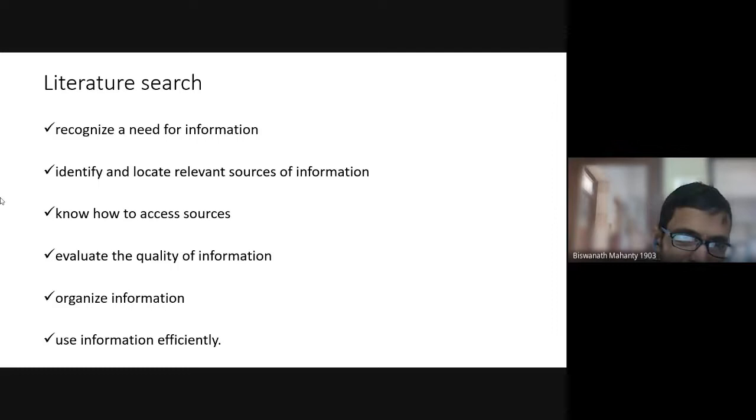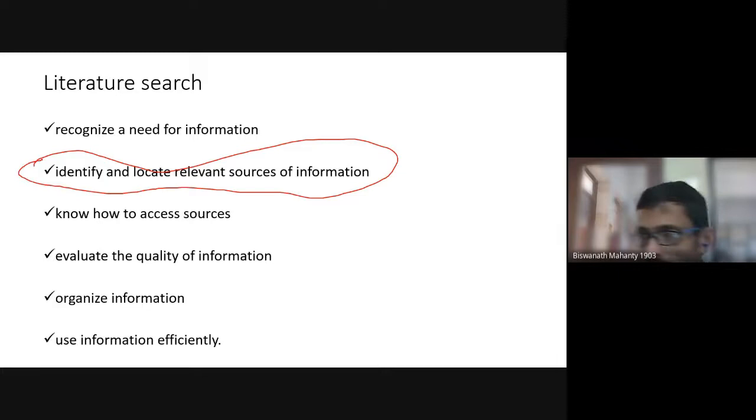The second very important thing is to identify and locate relevant sources of information. This is very, very important. If you don't know where to find, then it will be very difficult for you. So sources of information can be book chapters, journals, news articles, some websites which are dealing with those things.